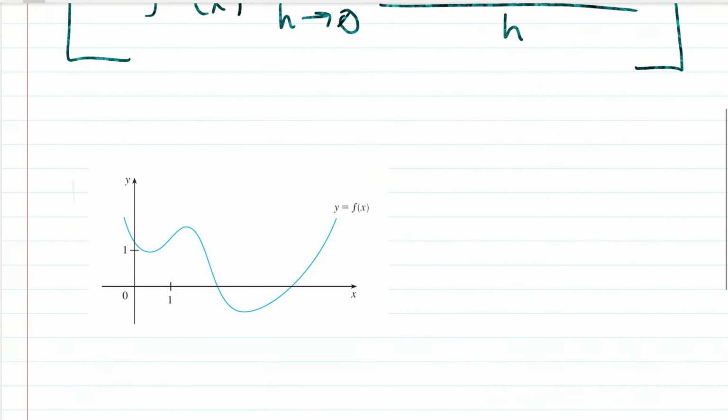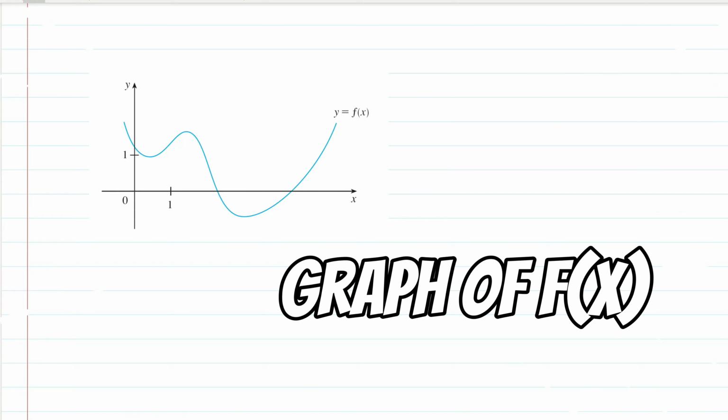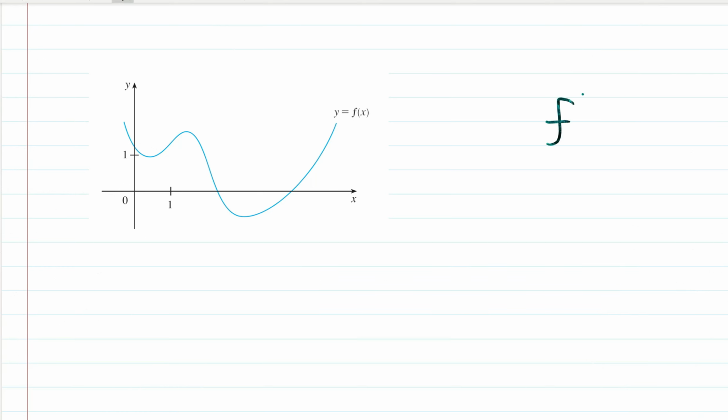Now if we take a look at the graph of some function f, given by this figure, we're going to use the graph of this function to sketch the graph of the derivative f prime. So we're given f, and we're going to use it to sketch f prime.